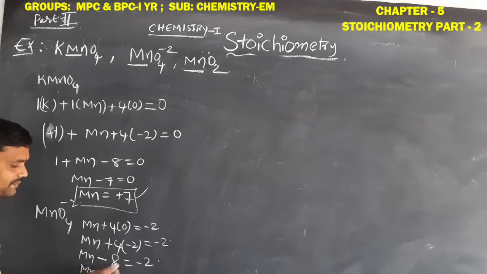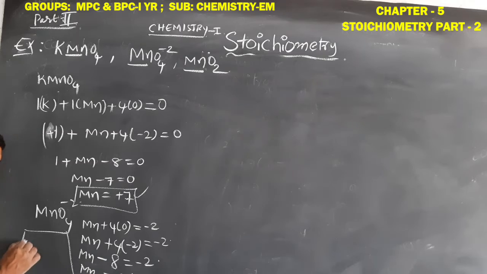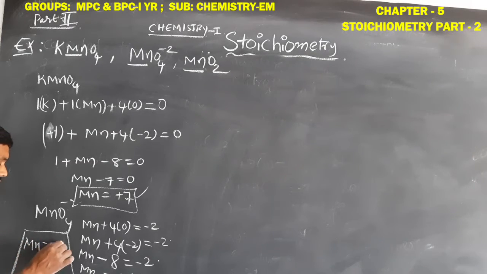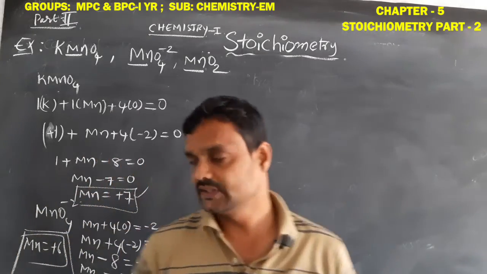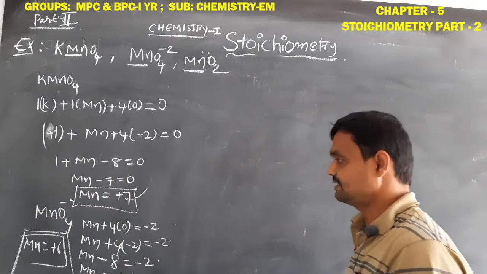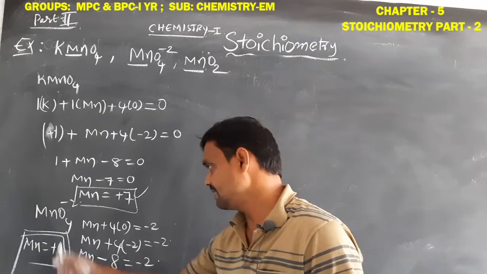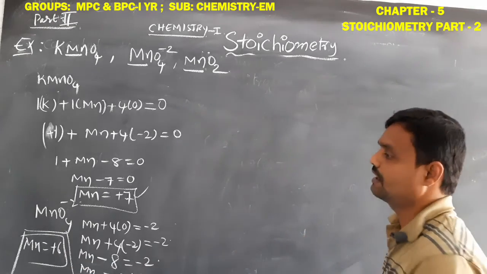So Mn, this minus 8 goes to the right side as plus 8. So minus 2 plus 8, how much? Mn is equal to plus 6 oxidation number. So this is the plus 6 oxidation number of manganese in MnO4 minus 2 ion.